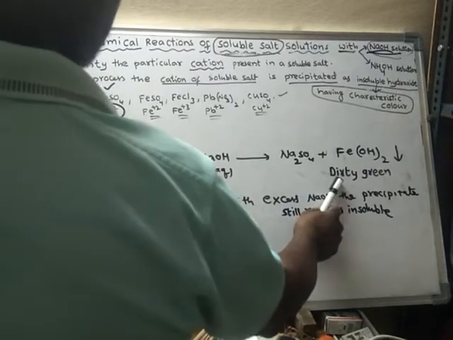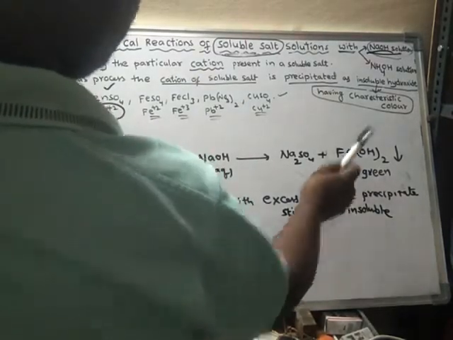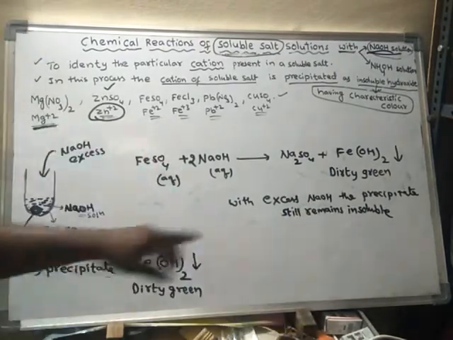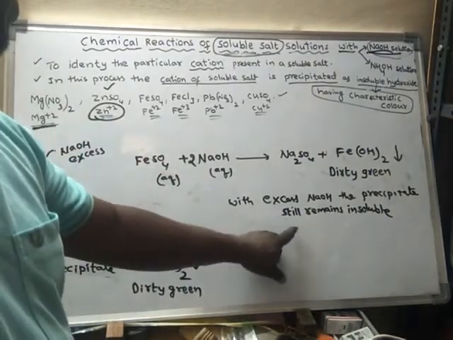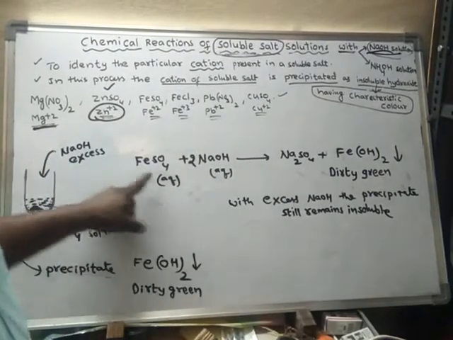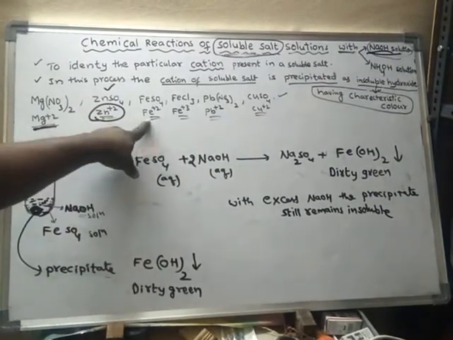So based on the color of the hydroxide formed, and also whether it is soluble or insoluble with excess NaOH, we can easily identify that the given salt contains Fe2+ ion.